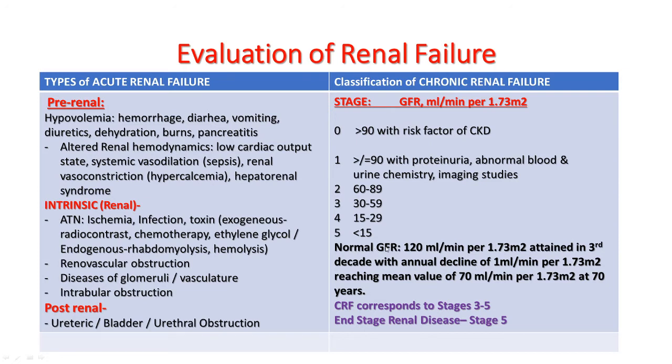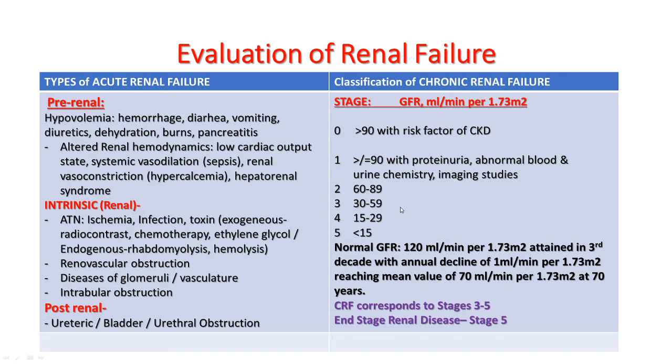So based on this normal value, they are staged as stage 0, where the GFR is greater than 90 ml per minute, and stage 1 is greater than or equal to 90 ml per minute with underlying proteinuria or normal urine or blood chemistry and imaging studies.